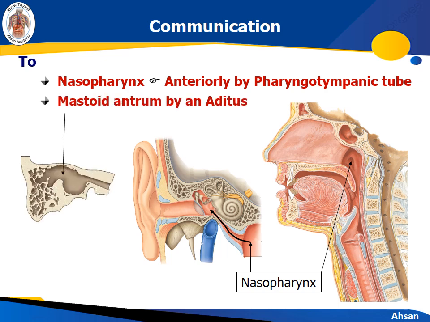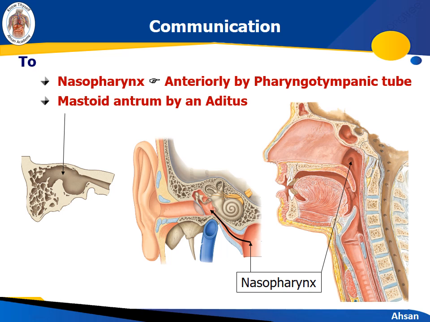Mastoid antrum: you see the arrow is showing the aditus to the antrum, and through that the epitympanic recess is connected to a large cavity in the mastoid part, known as the mastoid antrum. And this mastoid antrum has connection with the mastoid air cells.